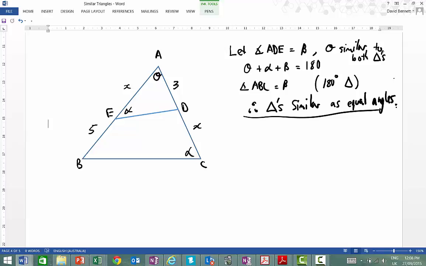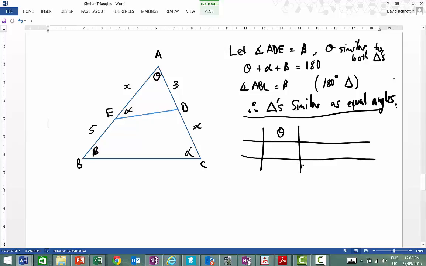Now, the technique that we have to use to work out our value of x in here is we need to work out these two triangles. You can either use the table method, or you can use the two triangles drawn at different ratios.